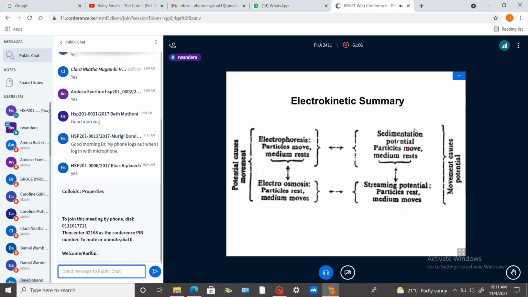In sedimentation potential, the particle moves, but the medium rests. Remember, the particles are sedimenting due to force of gravity. Whereas in streaming potential, the particles rest, but the medium moves. And as a result of this movement, we generate a potential difference.